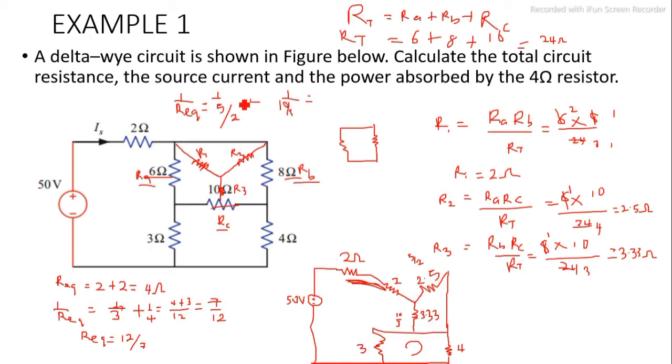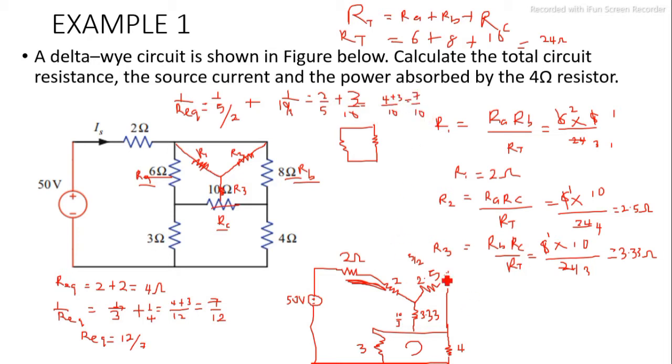So 1 over 5 over 2 will give us 2 over 5, plus 1 over 10 over 3 will give us 3 over 10. That's just the reciprocal of them. What's the LCM? The LCM is 10. 5 in 10, that's 2, 2 times 2, that's 4. 10 in 10, that's 1, 1 times 3, that's 3. So I have 7 over 10.